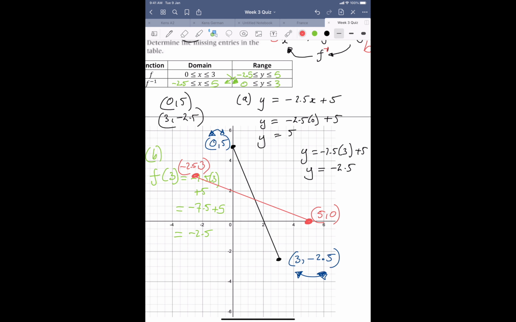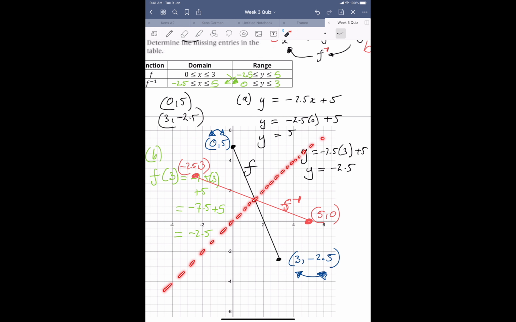And let's just put the label on, this is f to the minus 1. And the first function in black is f. And if you have a little look on this line here, you can see that there's perfect symmetry.